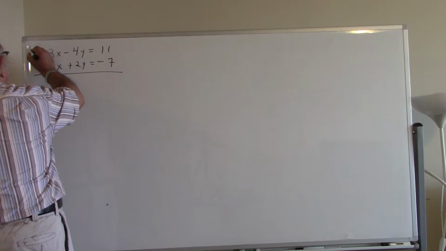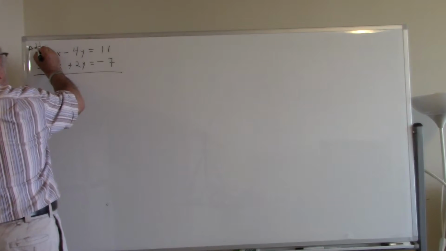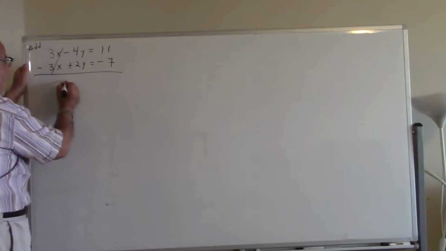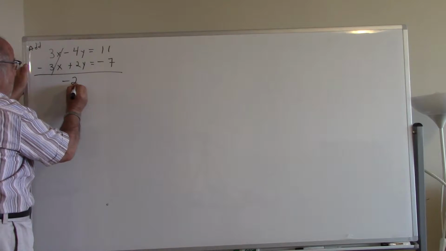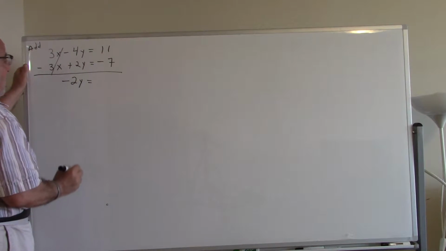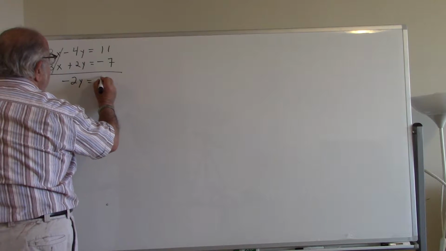Let's just add. Now, if we add this up just as it is right now, it's very easy to eliminate the x's. If you add, the x's cancel out. So now if you add this up, you have minus 2y equals 4.